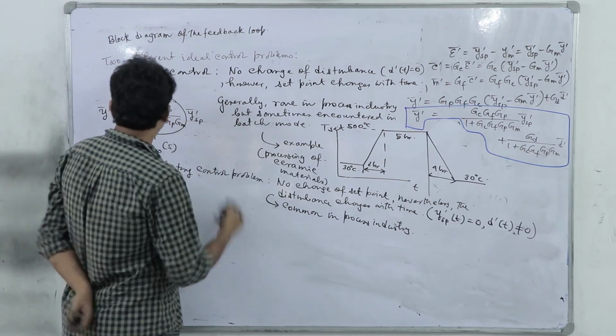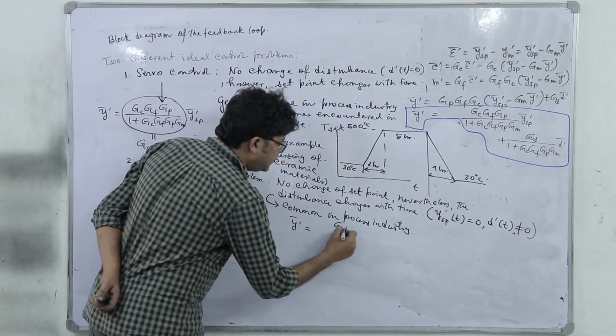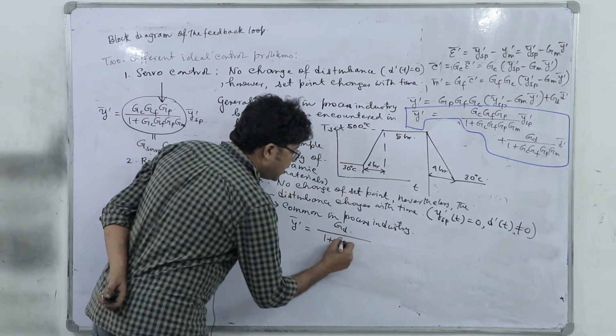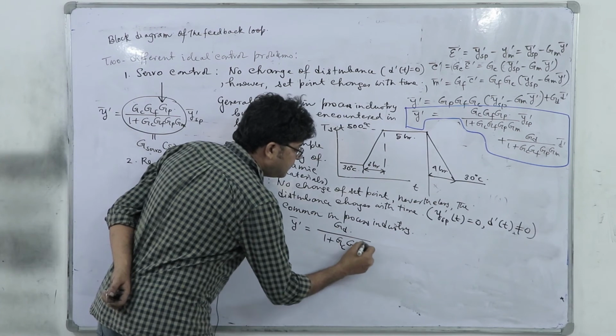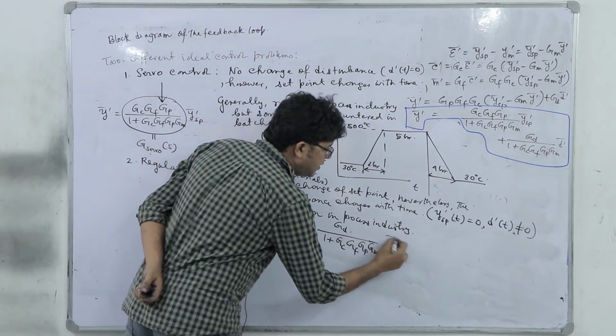So you see that y prime bar is equal to Gd divided by 1 plus Gc Gf Gp Gm, into d prime bar.